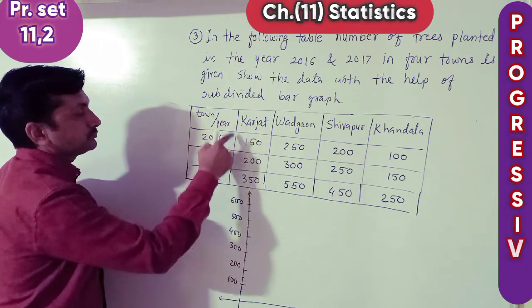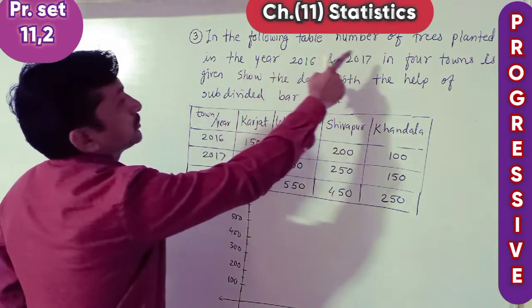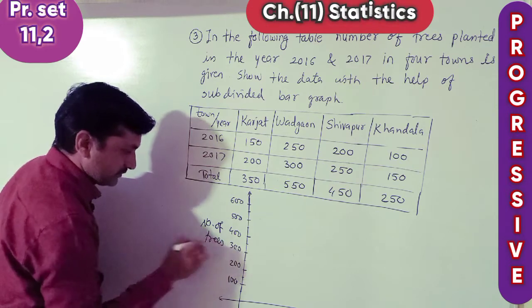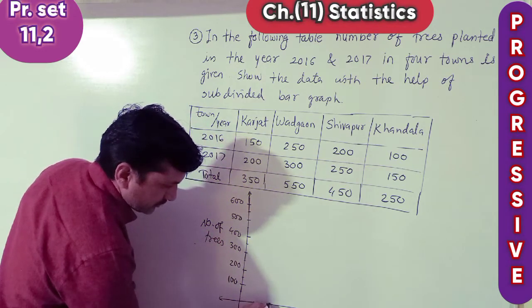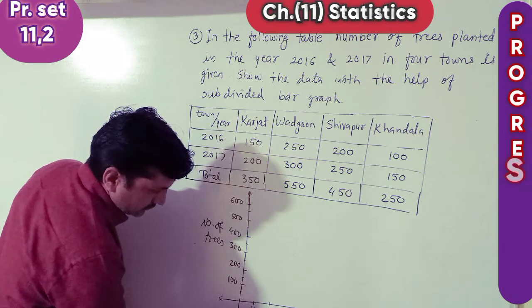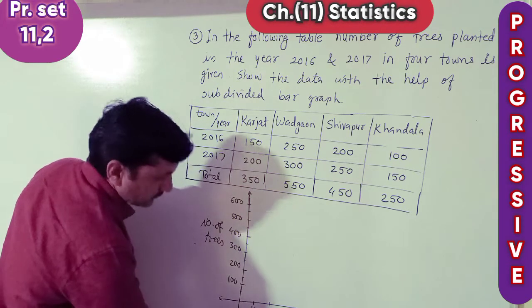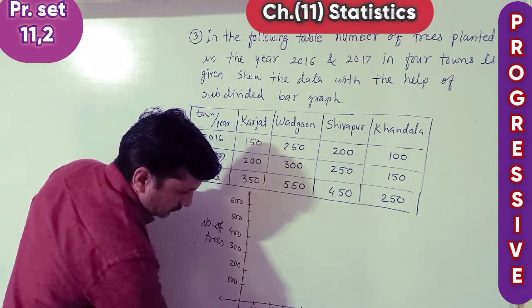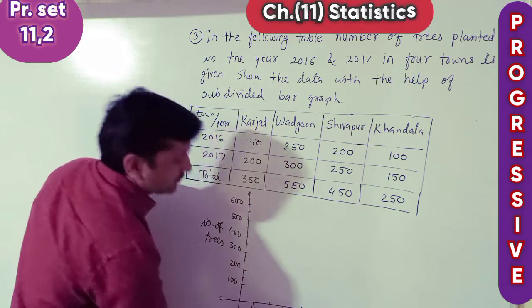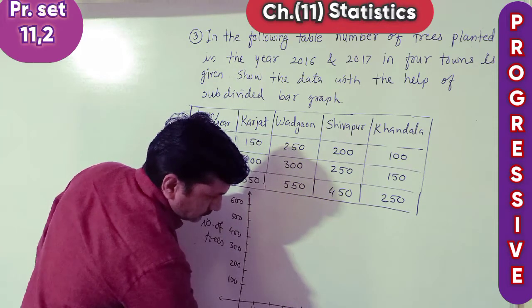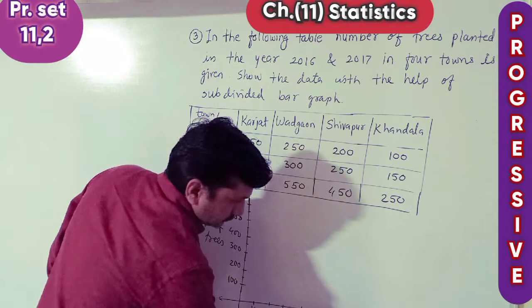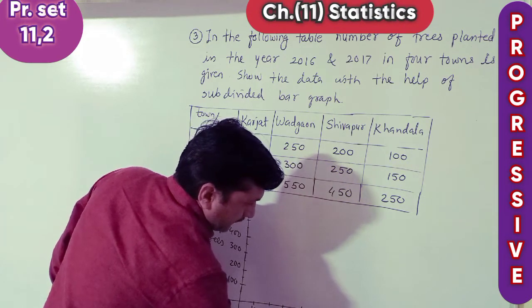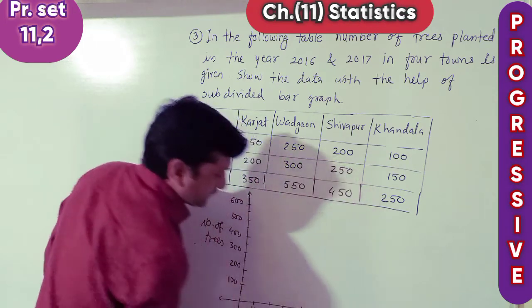These are number of trees, and here towns will be here: Karzat, Vadgaon, Shivapur, and one more here, Khandala. X-axis.